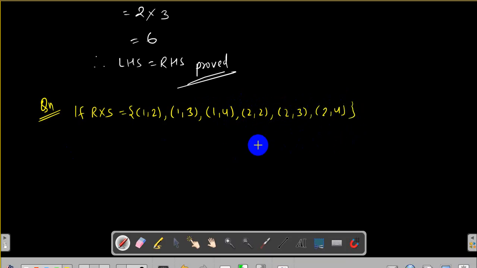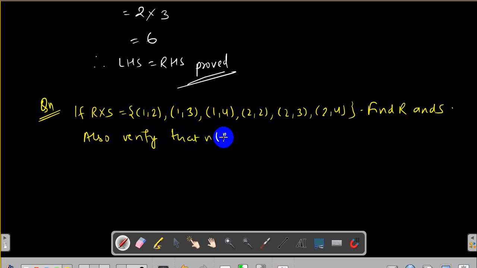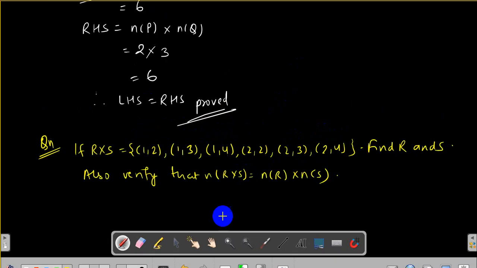These are all the ordered pairs of R cross S. Now the question is, find R and S. Also verify that n(R cross S) equals n(R) times n(S). This is the same type of question that we did just before.